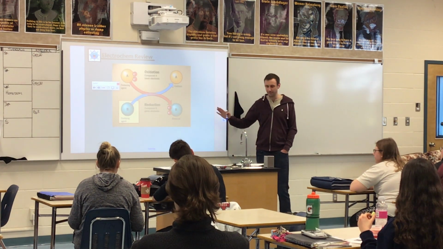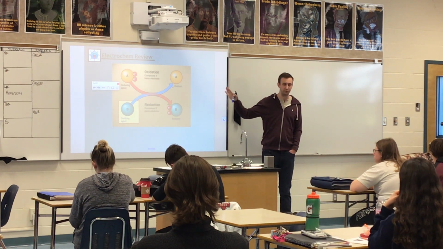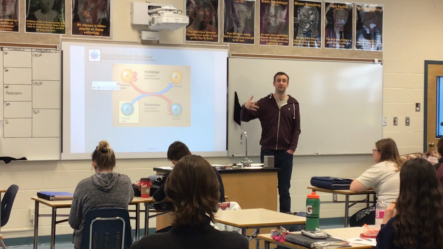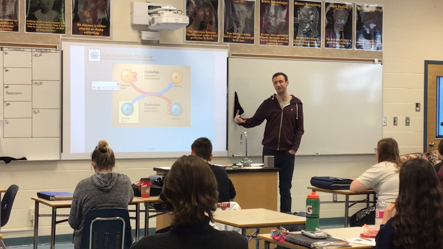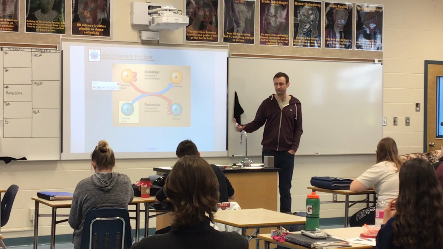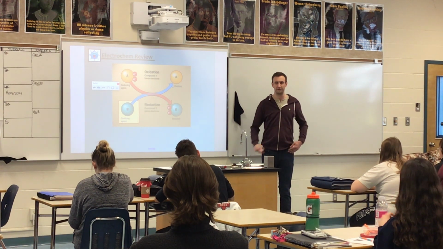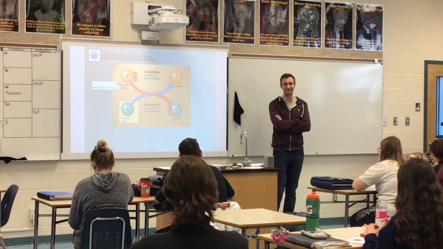Anyways, this diagram is critical for your understanding of electrochem or redox. You need to know what oxidation is and what reduction is. Your basic facts: oxidation is losing electrons, and reduction is gaining electrons. Really important. How do you remember that? LEO the lion says GER.